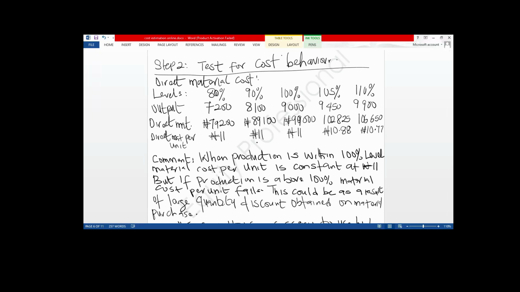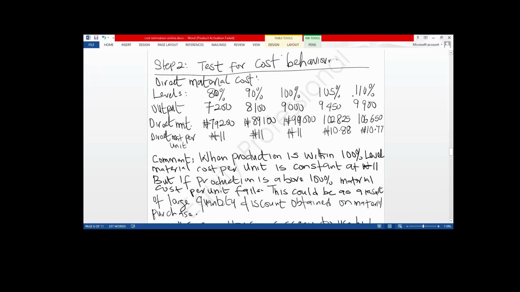But when we move to 105, material cost per unit falls. You are now going to use high and low method to calculate material cost for above 100%. In this case, your highest activity level will be 110, and your lowest activity level will be 105.